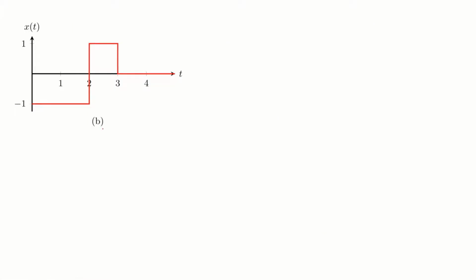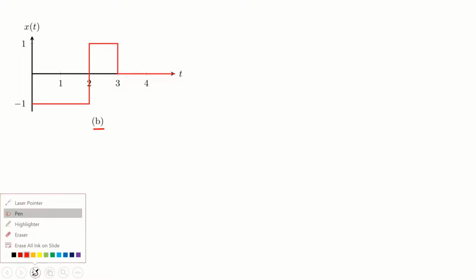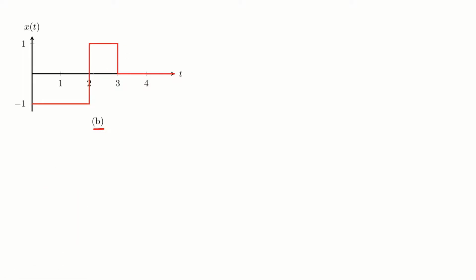Okay, part B. I can do the same here. We have 4 intervals actually. So I can say xt equals 0 if t is smaller than 0.